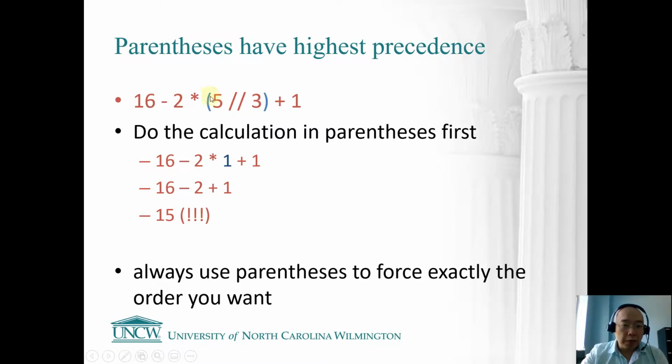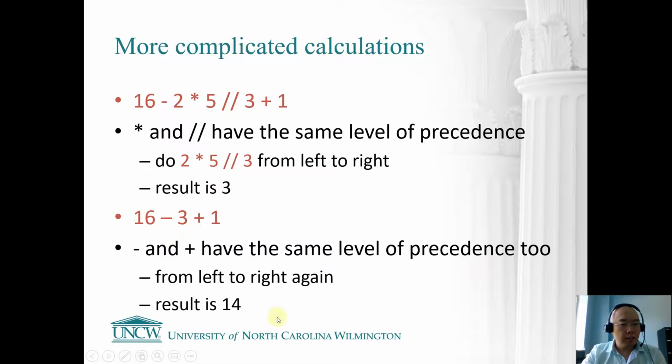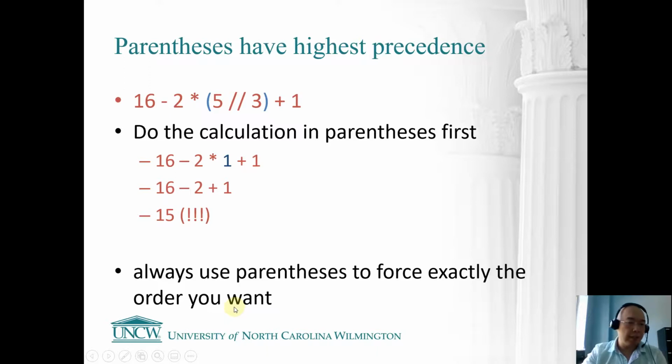So we have to handle this part, and then 5 floor divided by 3, we got a 1, and then 2 multiplied by 1, we got a 2, and eventually we have 15 in this case. And remember, coming back to the last slide, we got a 14. So 14 and 15. By adding the parentheses, we can change the result of an arithmetic statement.